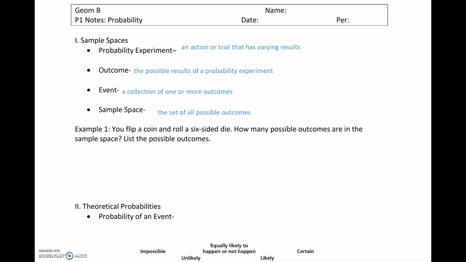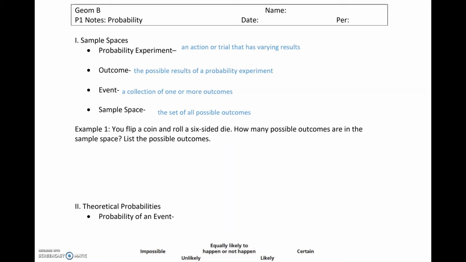How many possible outcomes are there in the sample space? List the possible outcomes. So what we want to do is actually depict what could happen, right? You can make a list, you can make a table, you can make a tree diagram. Those are the most popular ways to draw out a sample space. And each of those will definitely give you all the possible outcomes.